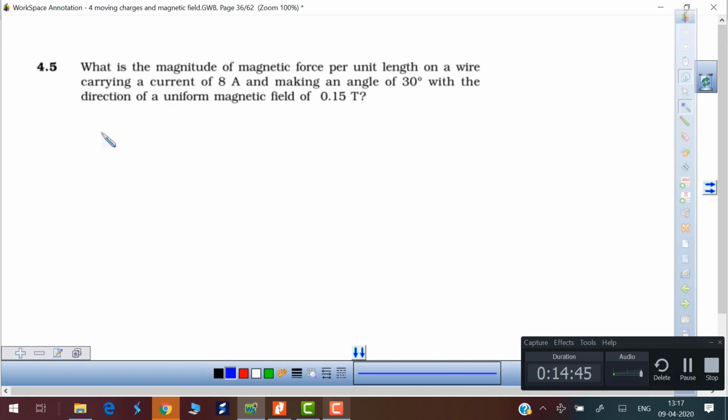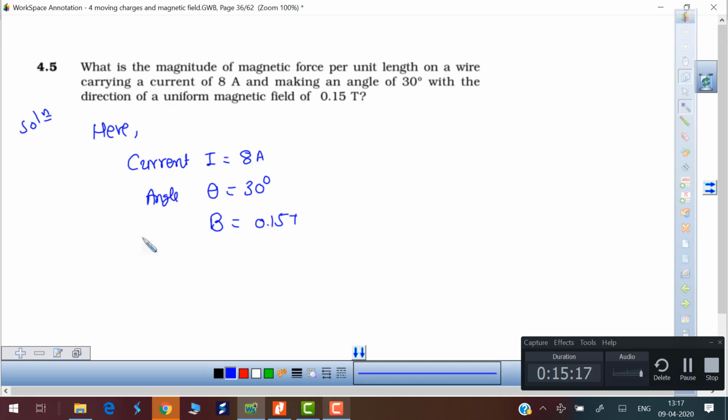So here we have the current I is equal to 8 ampere, angle theta is equal to 30 degree, magnetic field is 0.15 Tesla, and this is the magnetic field.